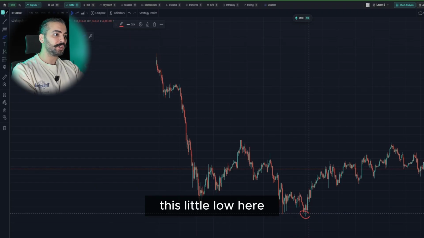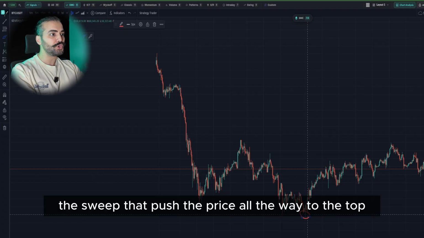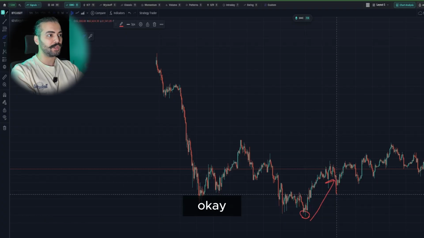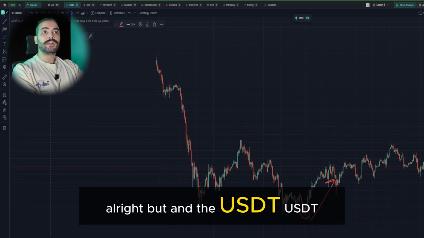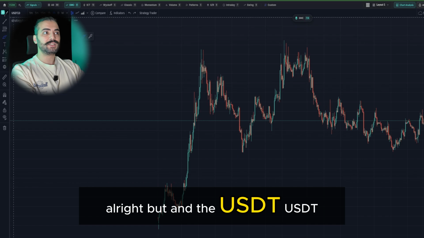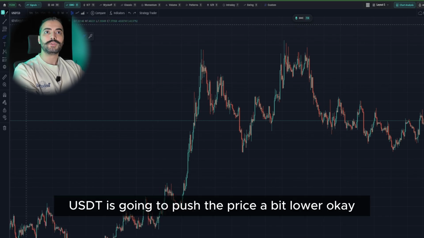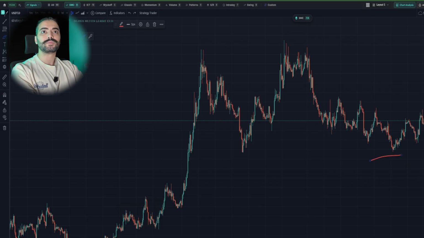This little low here, the sweep that pushed the price all the way to the top, okay? Now we can expect something similar to this too, all right? But in the USDT, you know this better than me. USDT is going to push the price a bit lower, okay?